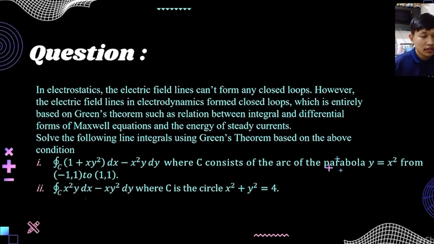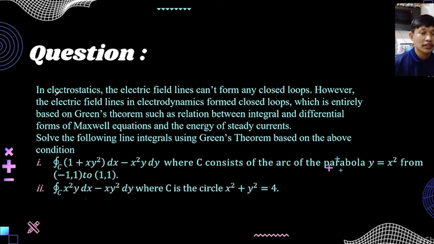Example question 2. In electrostatics, the electric field lines cannot form any closed loop. However, the electric field lines in electrodynamics form closed loops, which is entirely based on Green's theorem, such as the relation between integral and differential forms of Maxwell's equations and the energy of steady current.